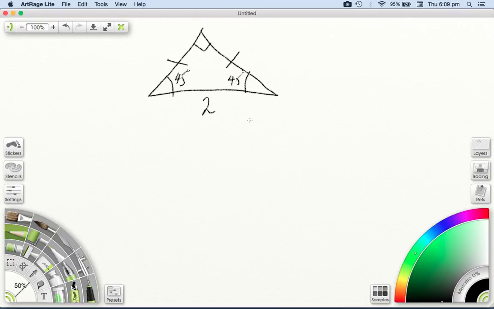Let me think about this. Let me pause for a second. Okay. So what I'm going to do is I'm going to make a small little change. Oh, no. Let me just do this.